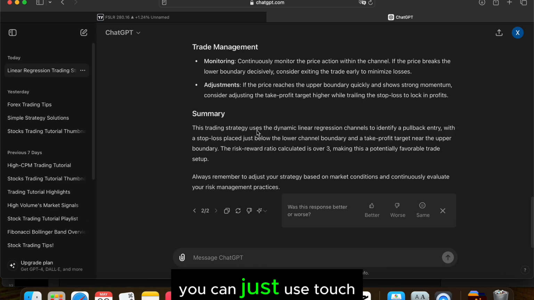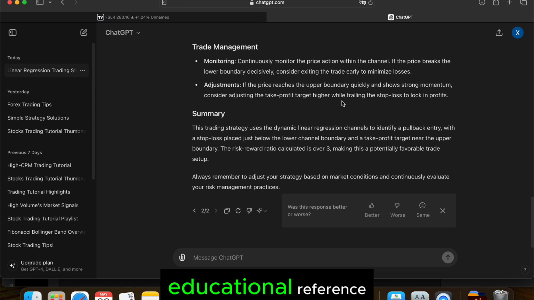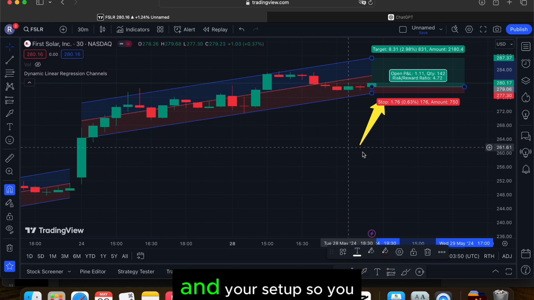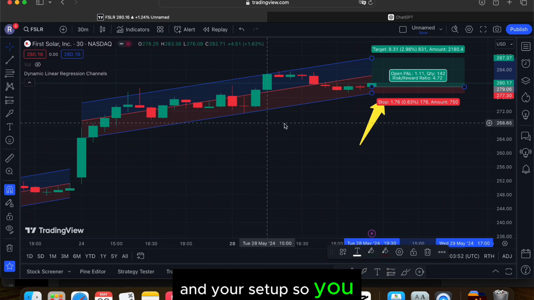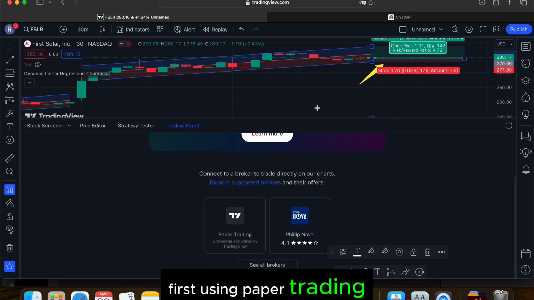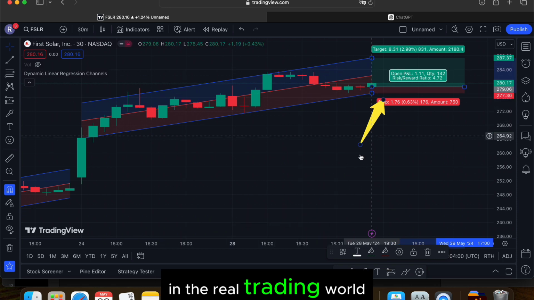So you can just use ChatGPT to help you analyze, and this is only for educational reference. You need to make your own strategy based on your own setup. You also can try out a few trades first using paper trading before you start trading in the real world.